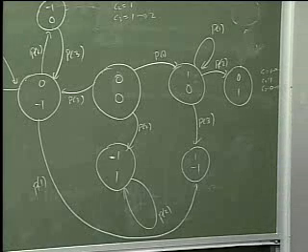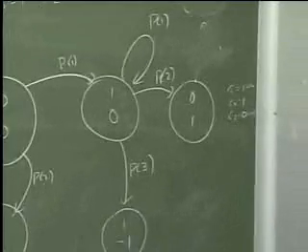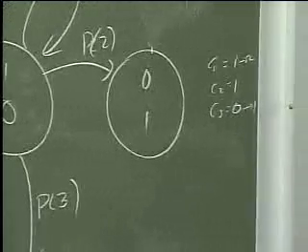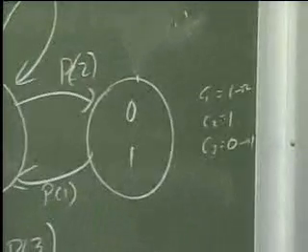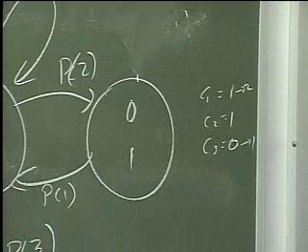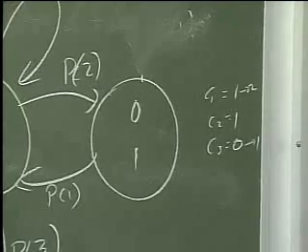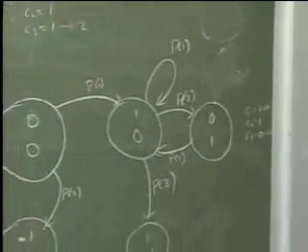So I would get 1, 0. So in fact I can only have 7 possible states. Any other state would violate the slack condition.